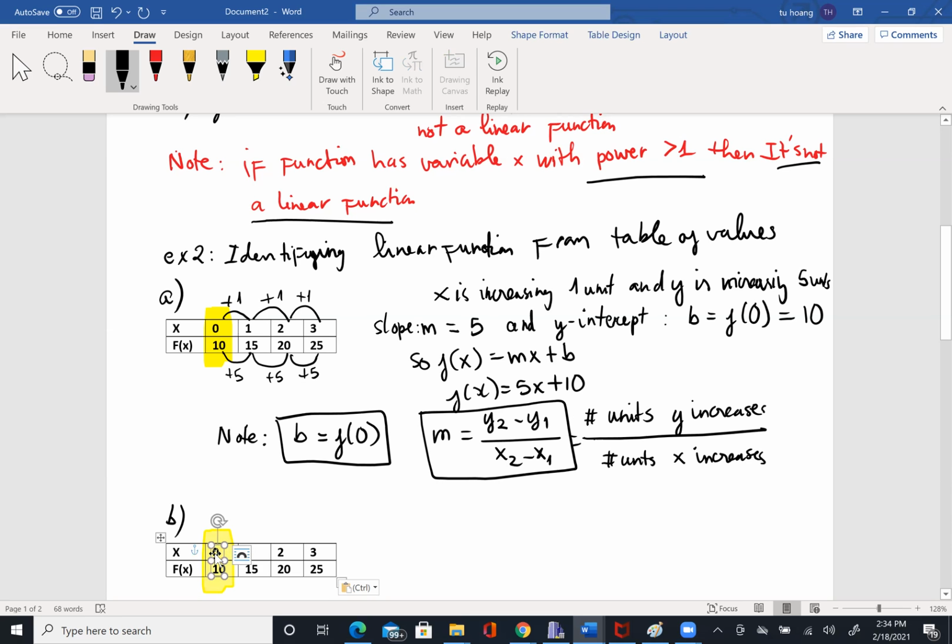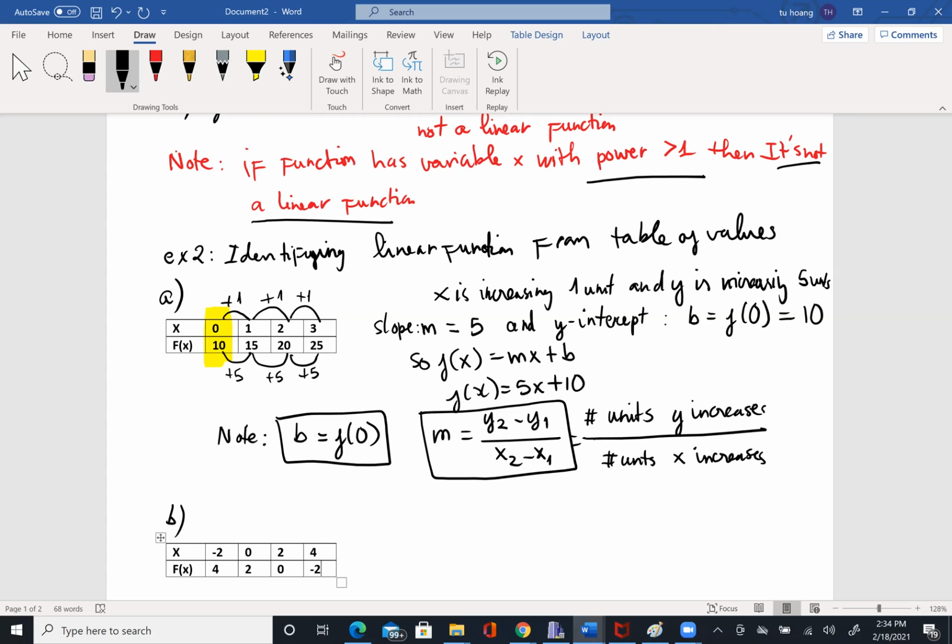I will change all this. This should be -2, 0, 2, and 4. And it is 4, 2, 0, and -2. Okay.